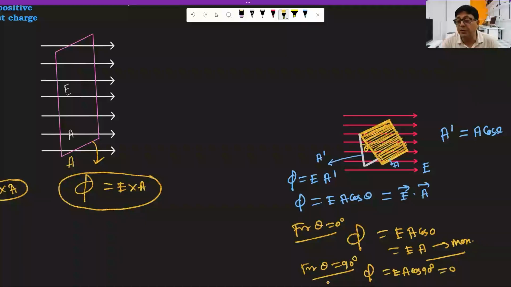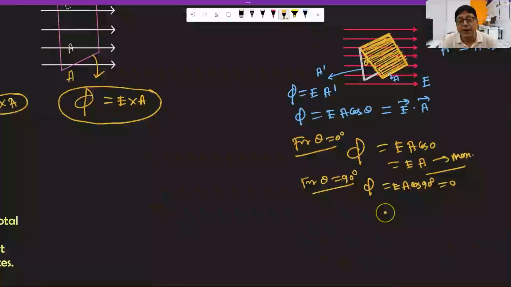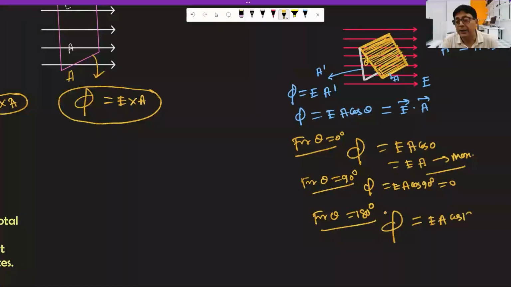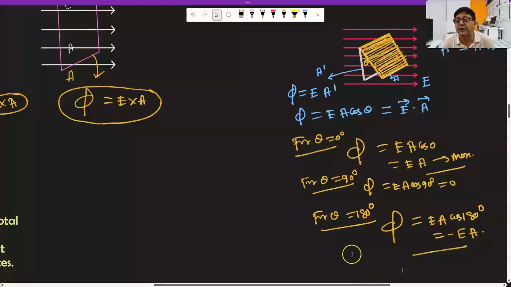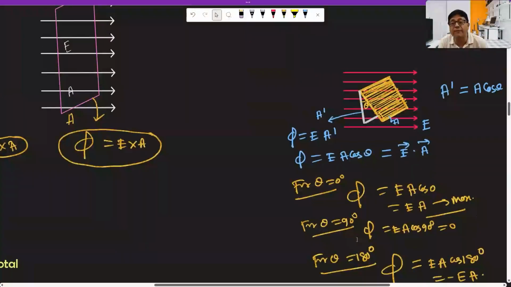This is equal to 0, minimum. And for theta equal to 180 degree, phi will be equal to E A cos 180 degree. This is minus E A, just the opposite direction. But this is not mathematics you are doing here, you are doing it for the sake of physics. Where is the physics over there?